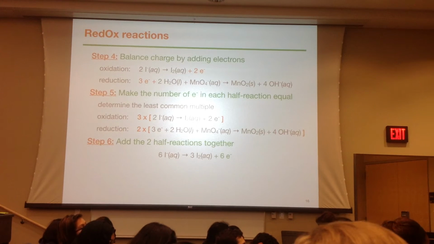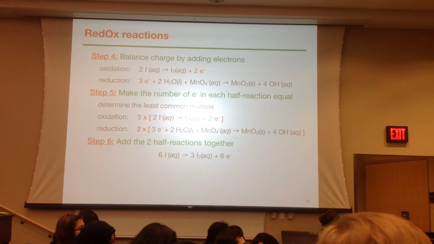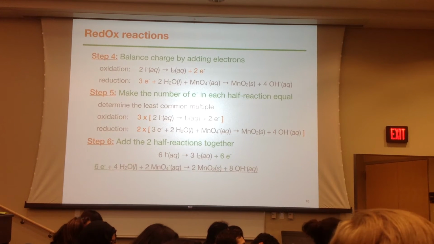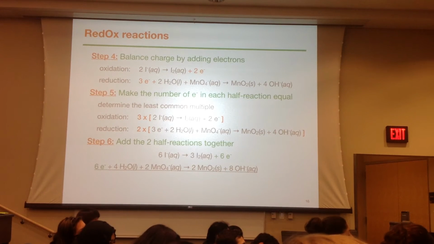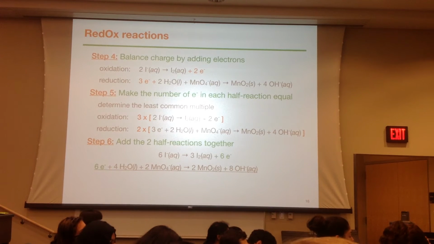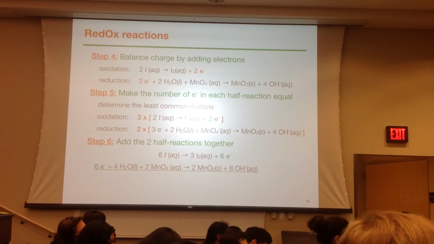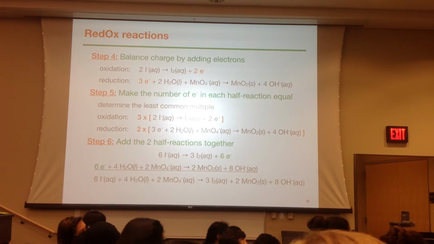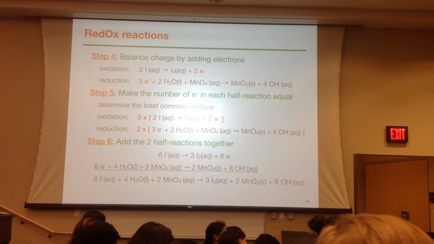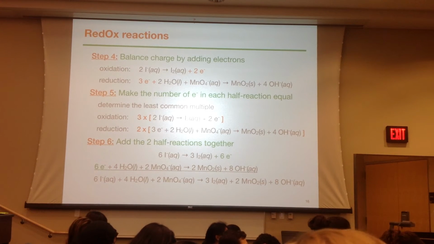So I'm going to get 6 iodides to give me 3 iodines plus 6 electrons. 6 electrons plus 4 waters plus 2 permanganate to give me 2 manganese dioxide plus 8 hydroxides. Add the 2 things together: 6 iodides, 4 waters, 2 permanganates on the left, and 3 iodines, 2 manganese dioxides, and 8 hydroxides on the right.